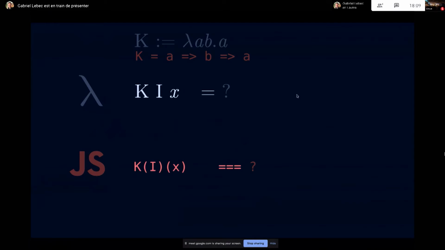Okay, we're starting to get into the fun stuff here. I think all of it's fun, but we're really starting to hit some flexible, usable tools. And this is an interesting one. What if we call K on I and x? Now remember, K, the kestrel, is the function that if you give it two things, returns the first value.